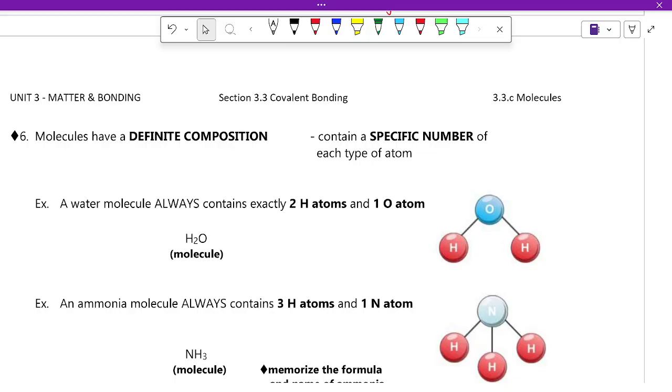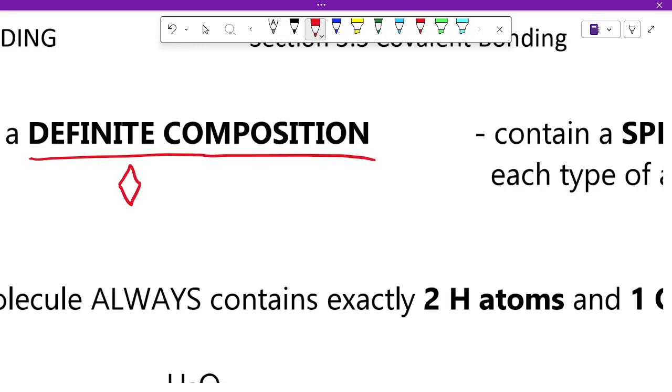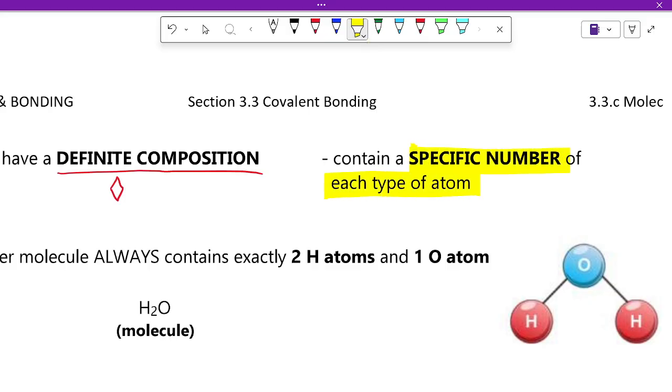Molecules have a definite composition. This is enriched. What that means is that they contain a specific number of each type of atom. A specific number of each type of atom. Unlike a crystal lattice.